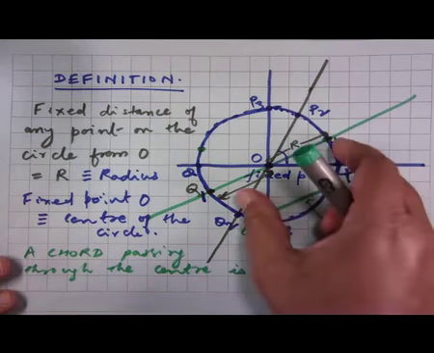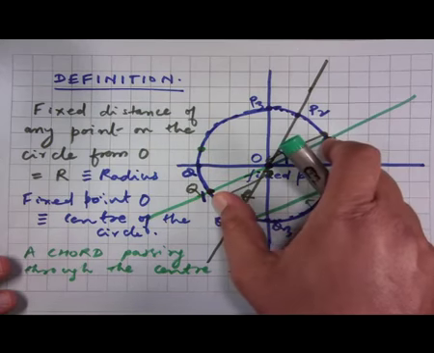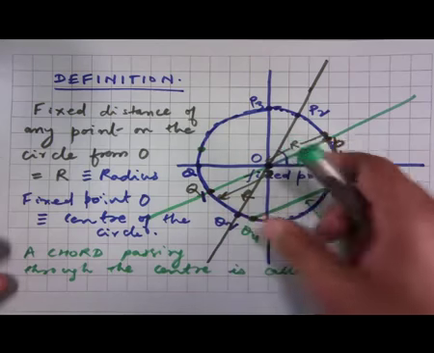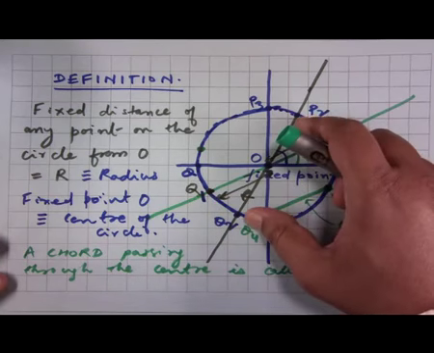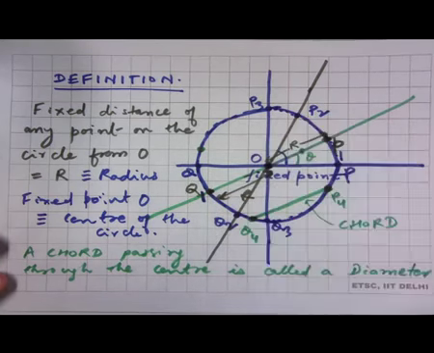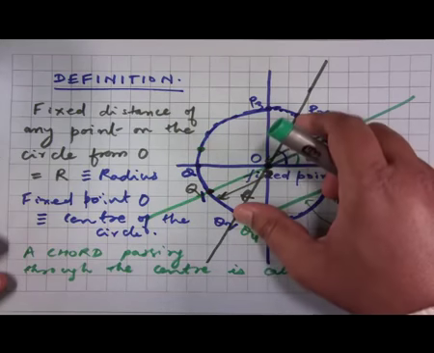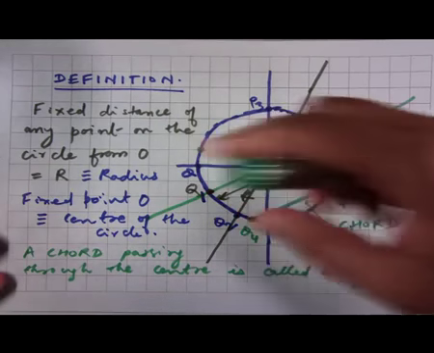So, in this case P1 Q1 is a diameter. Similarly, P2 Q2 is a diameter also, and as you can see, there are infinitely many diameters.